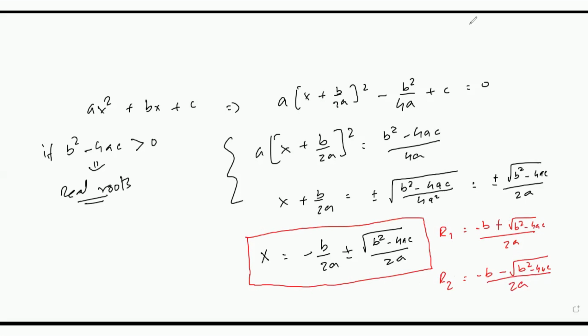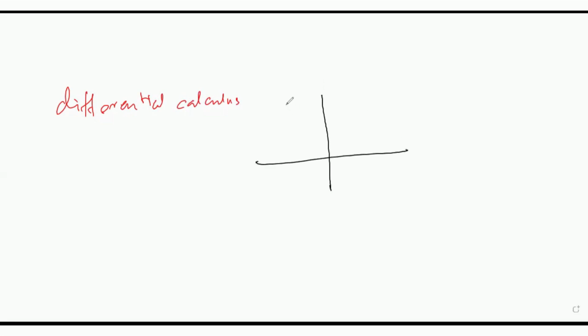Okay, so let's look at this from the lens of differential calculus. What differential calculus tells us is that a curve, like a parabola, like this, has one point here where the slope is equal to 0.